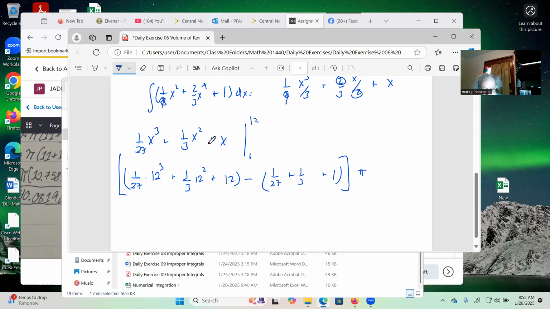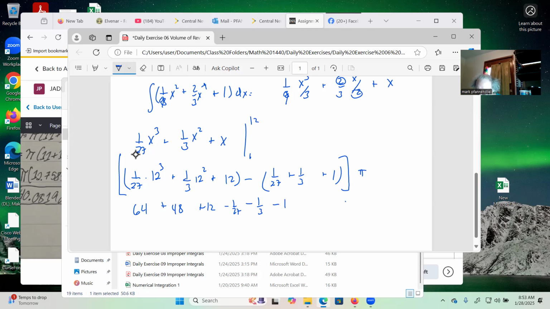I'll help with the calculator. I got 1/27 times 12 cubed. Calculators are very helpful for this. After a little arithmetic, we got 64, that's 12 cubed divided by 27, plus 48, that's 144 divided by 3, plus 12. Then minus 1/27, minus 1/3, minus 1.